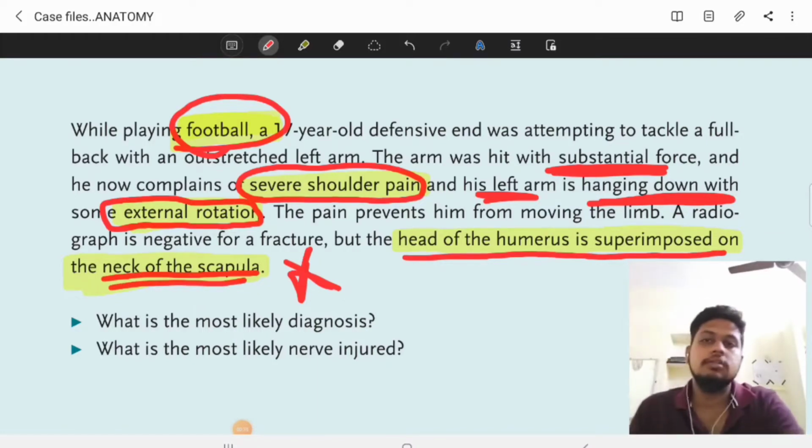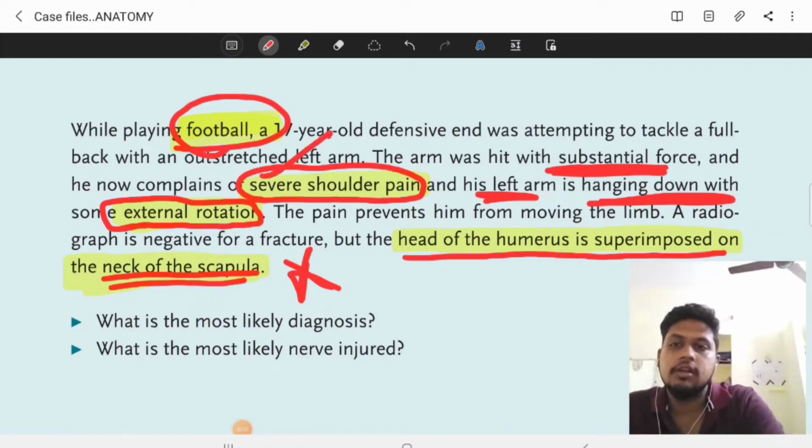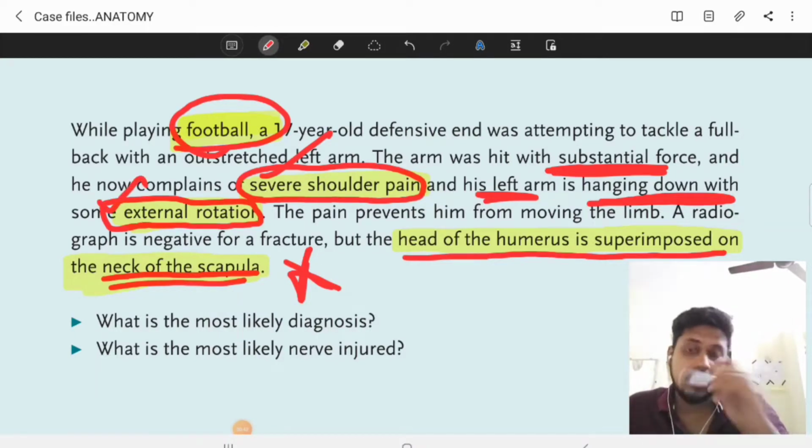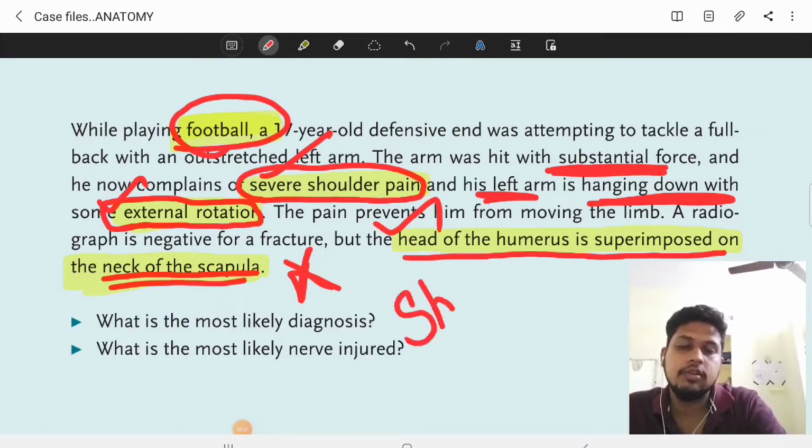So all these points, severe shoulder pain, presentation with the external rotation and supported by the opposite hand, and also the x-ray which clinches the diagnosis of shoulder dislocation.